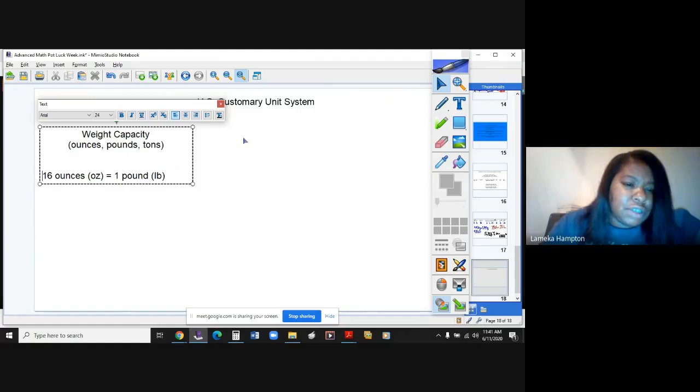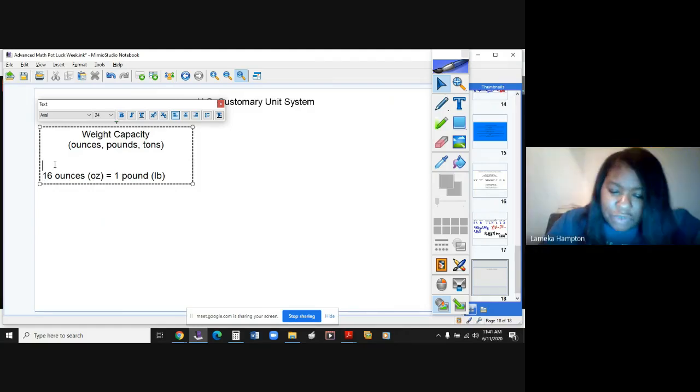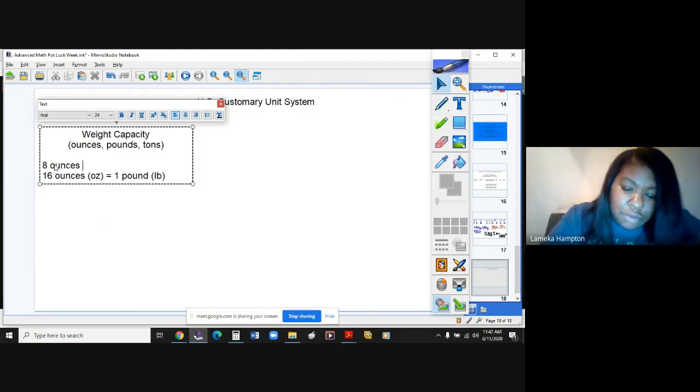How many ounces are half a pound? 8 ounces. How did you get that, Mr. McFadden? Half of 16. There you go. See? Math. If you know how to multiply and divide, this is not going to be a problem. See how easy this stuff is?